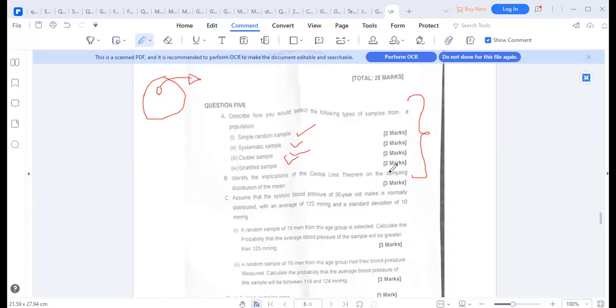So we get to cluster sampling. Cluster sampling is a probability method where you are going to divide your population into clusters. These clusters may have distinctive characteristics.